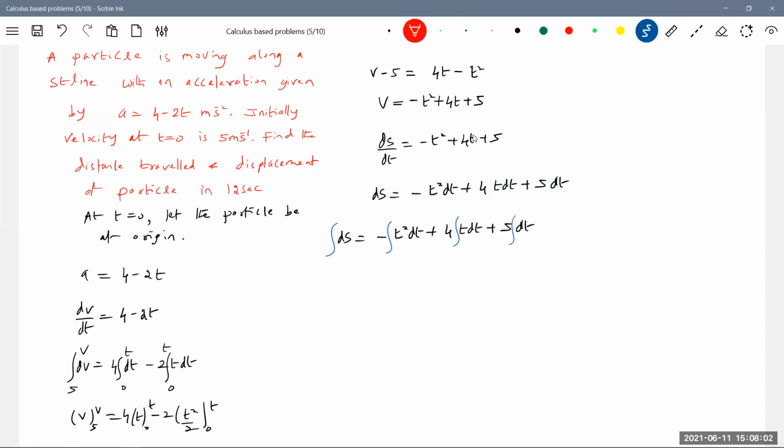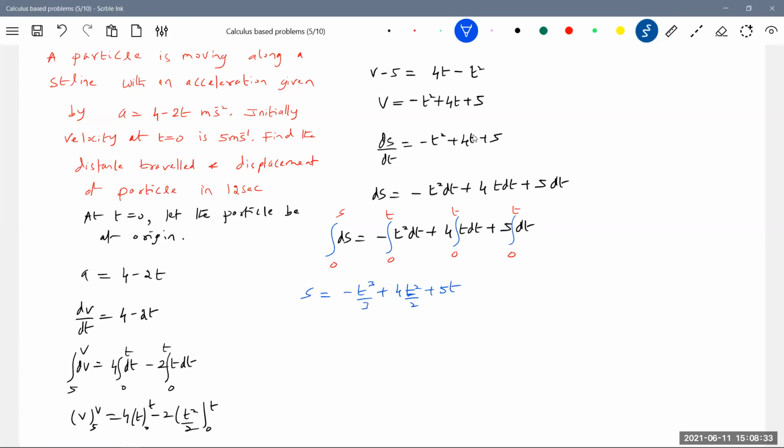Now look at the condition: at t equals 0, it was at the origin. At any time t, let s be the position of the particle. Solving this, s is equal to minus t cube by 3 plus 4 t square by 2 plus 5t. This is the expression for the position of the particle.